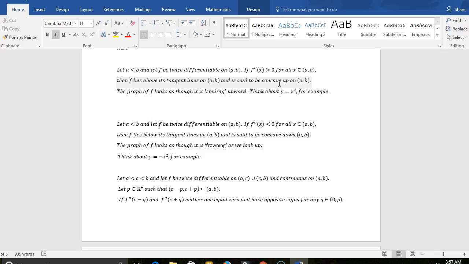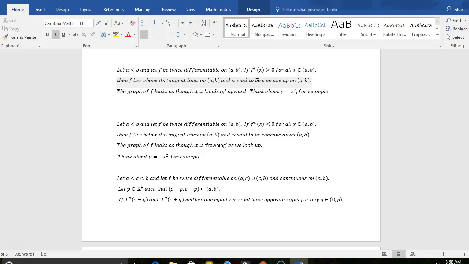Now, as it turns out, for the parabola f of x equals x squared, f double prime will equal the number 2. If you differentiate x squared twice, you get f double prime of x equals just the number 2. So f double prime is positive everywhere, and that will imply concave up.